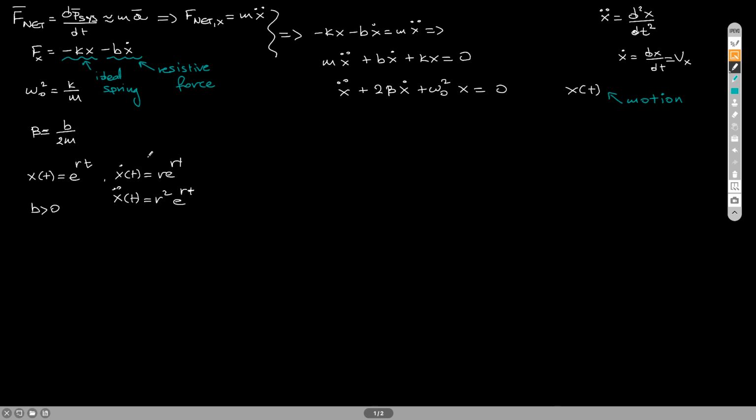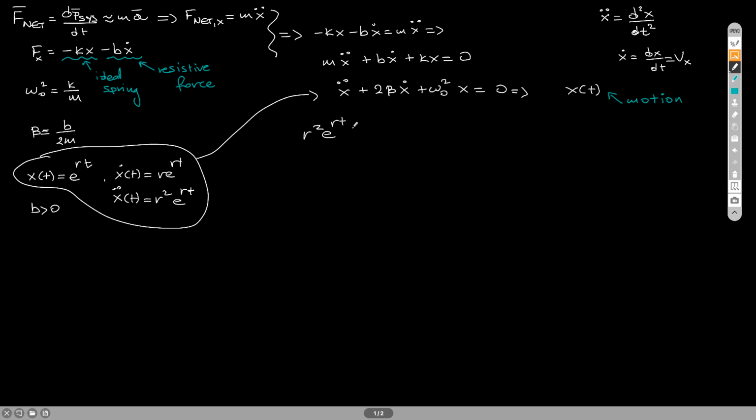Now I can take all of these three and plug them into the differential equation. Let's see what I'm going to get. x double dot gives r squared e to the rt, plus 2 eta times x dot gives 2 eta r e to the rt, plus omega naught squared e to the rt, and that should be equal to 0.